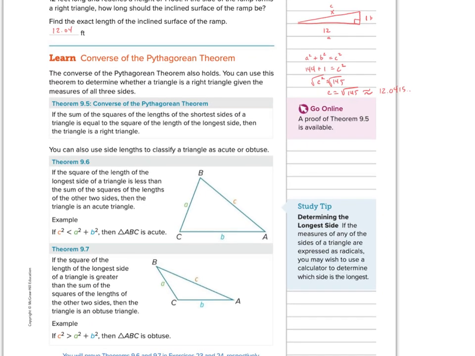So what that means now, we know that, again, Pythagorean theorem, if a squared plus b squared is equal to c squared, then we have a right triangle. Okay, but they're saying if for some reason c squared is less than a squared plus b squared, then we have an acute triangle. So think of it this way: the legs a and b are overpowering the hypotenuse, so we get smaller than 90.